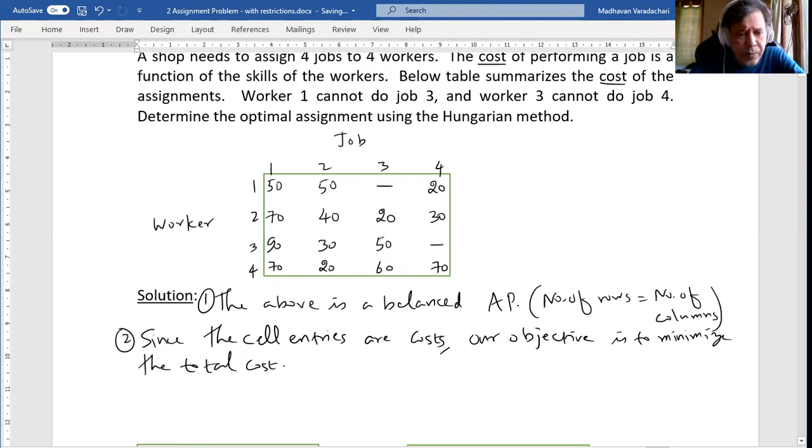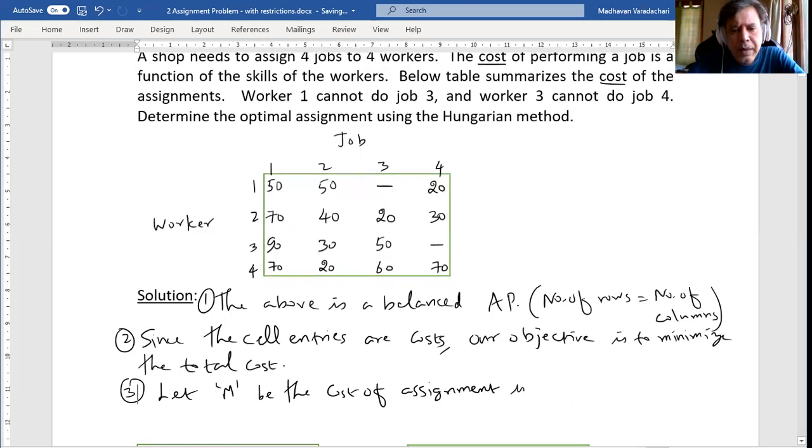So what I will do is say let capital M be the cost of assignment in cell 1, 3, that means first row, third column, and 3, 4.